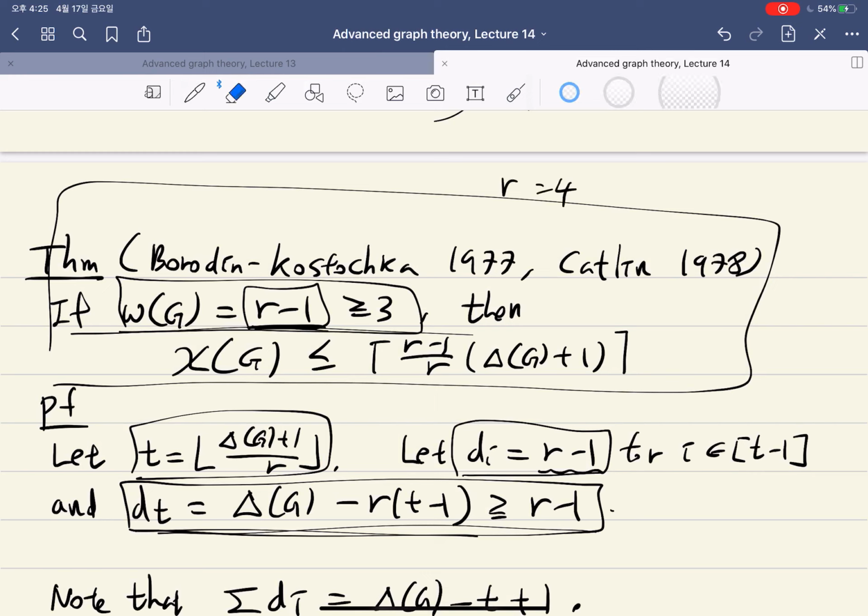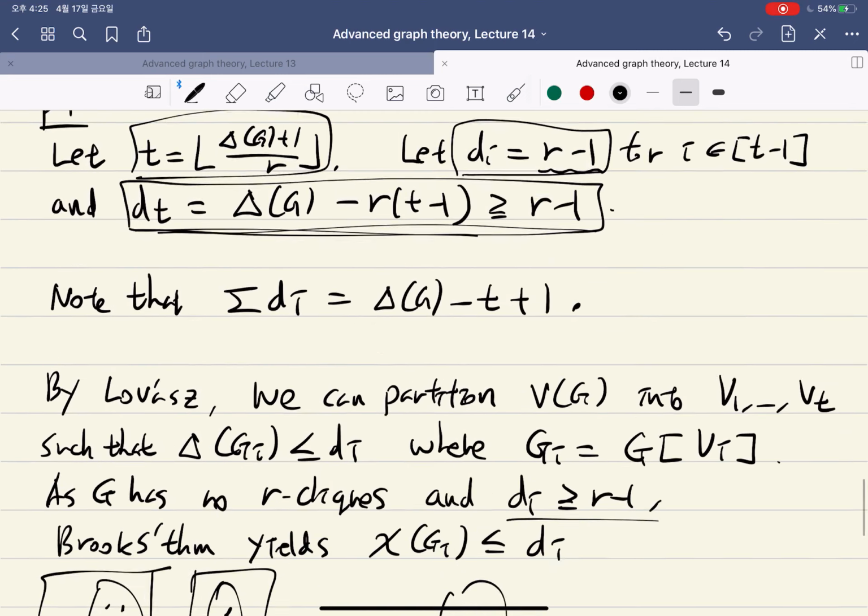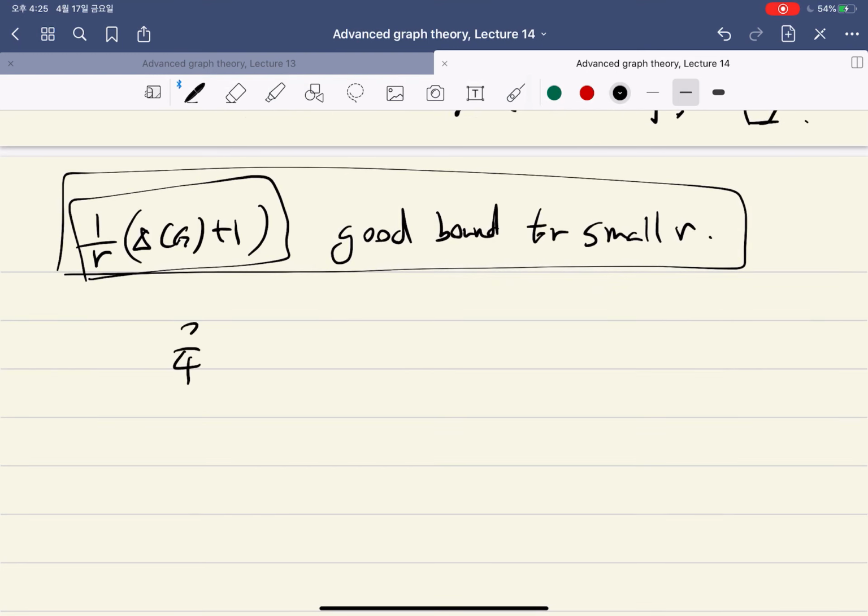Let's change this into R minus 1, where R minus 1 is at least 3. So this is a more correct way of writing this theorem. Then we cannot apply the result for R equal 3. So we put R equal 4, then this becomes 4 over 3 delta G plus 1. So that's the upper bound for the triangle free graph.